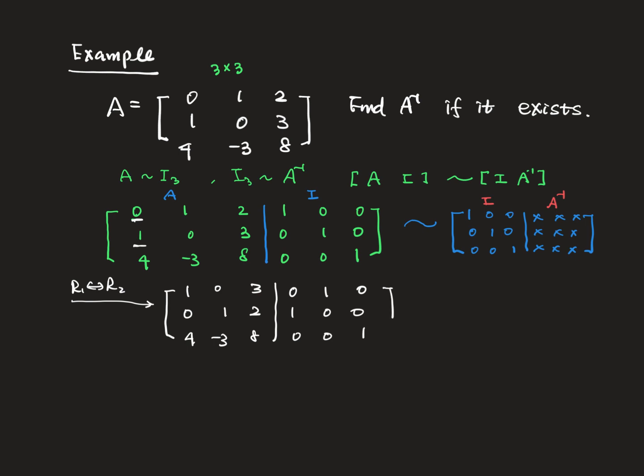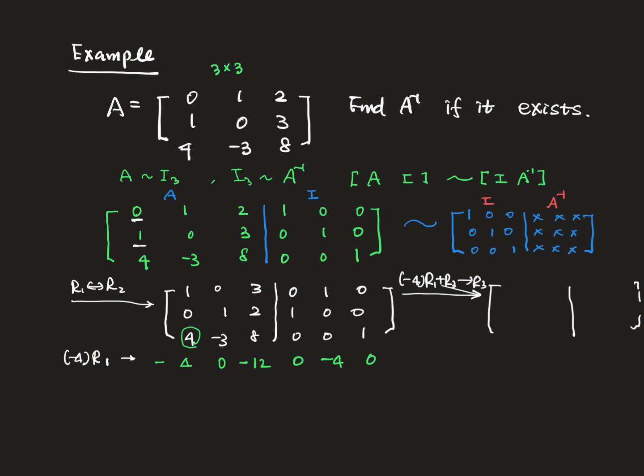Now, below the pivot, this entry should be 0, right? So you need a negative 4 there. The operation is negative 4 R1 plus R3 going to R3. Negative 4 R1 is negative 4, 0, negative 12, 0, negative 4, 0.